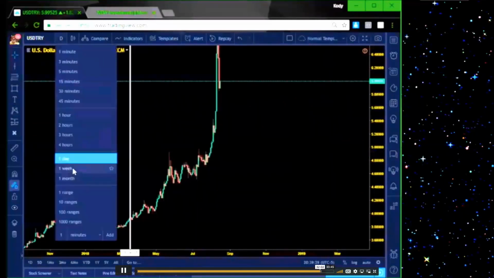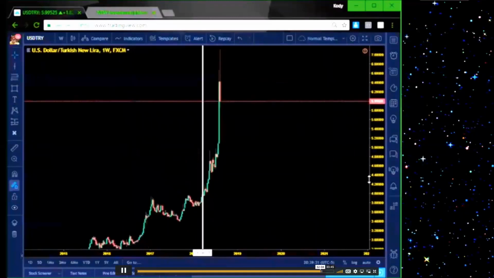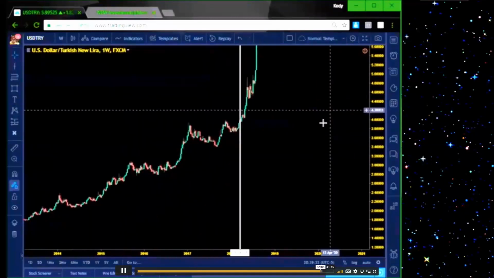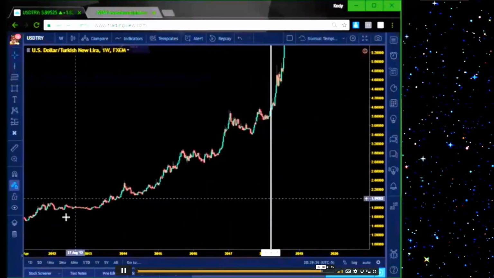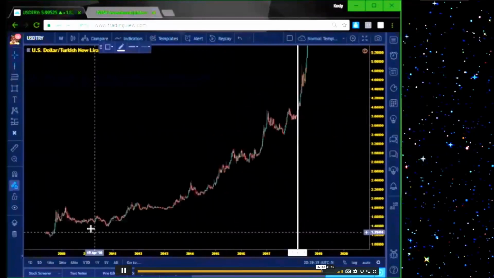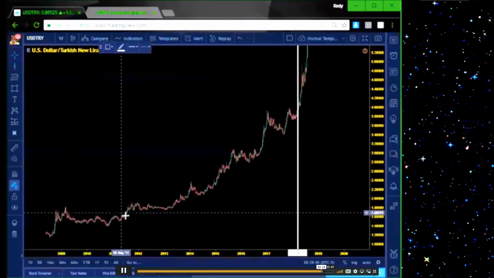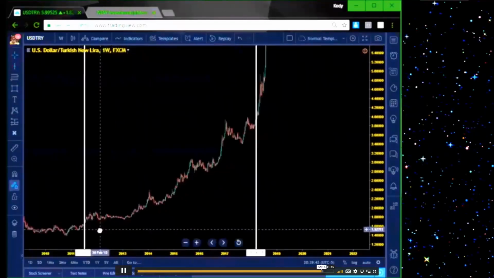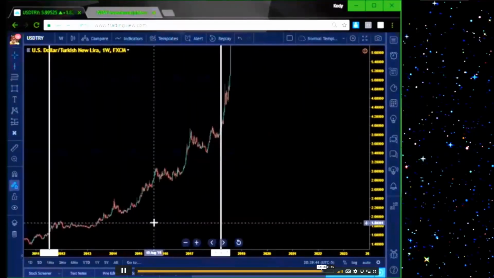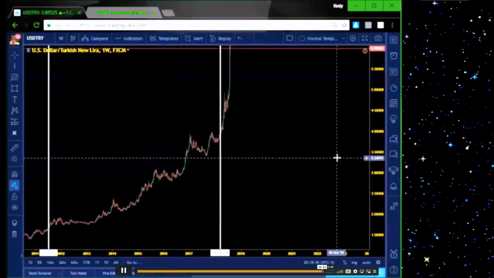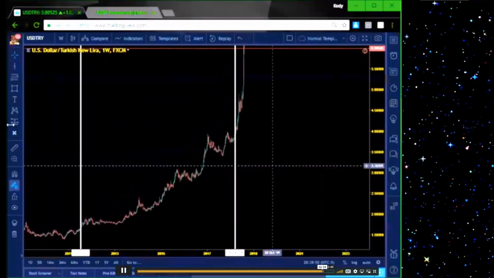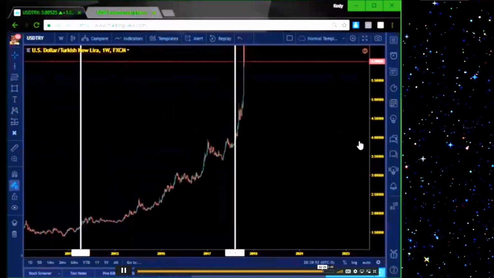And even if you go on the weekly time frame, guys, look at this. This thing has been bullish since the dawn of time. It's been bullish since right here on the weekly. Yeah, there's a lot of money to be made on this pair.